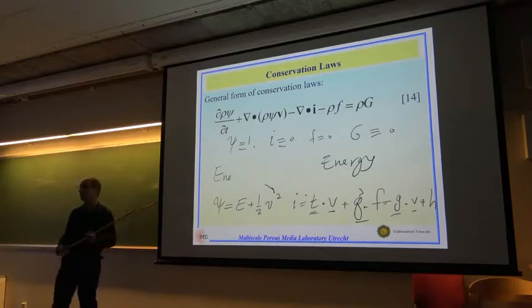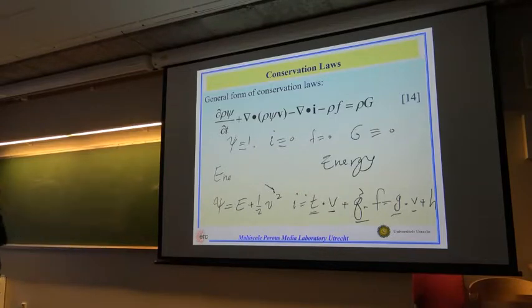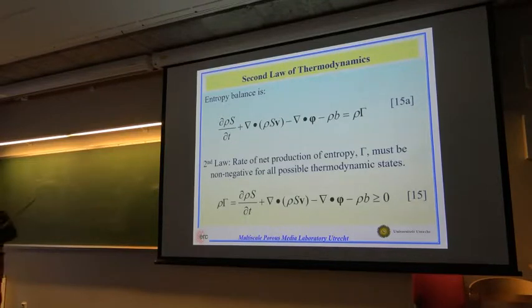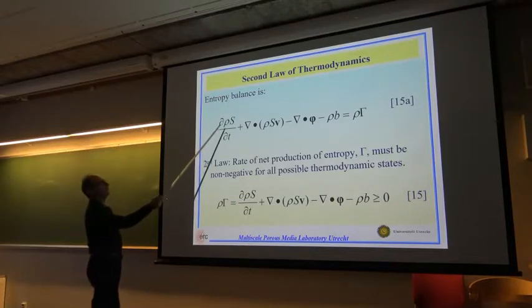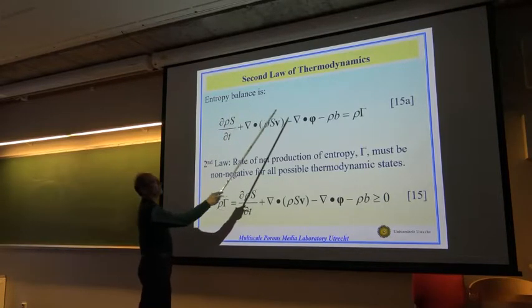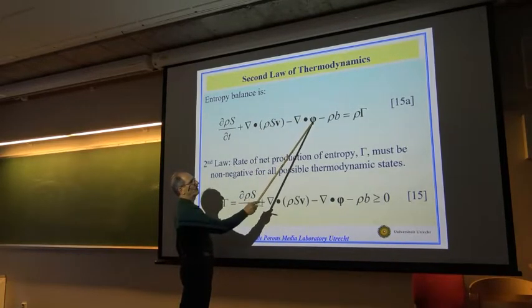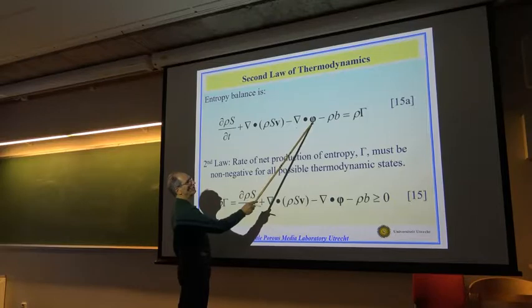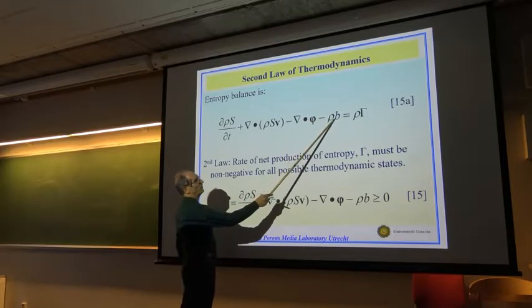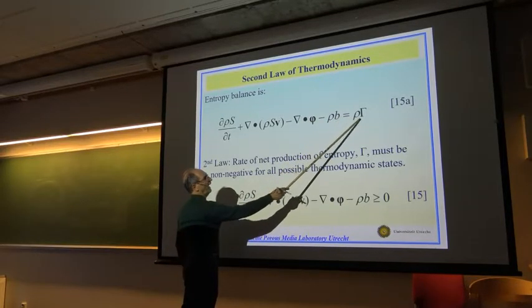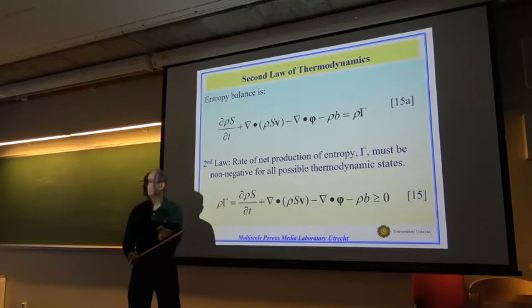Okay? So that's the conservation laws. We can use the same form for the entropy balance. This time psi is S, the non-convective or conductive flux of entropy is phi, there is an external supply of entropy, and the right-hand side is not 0.